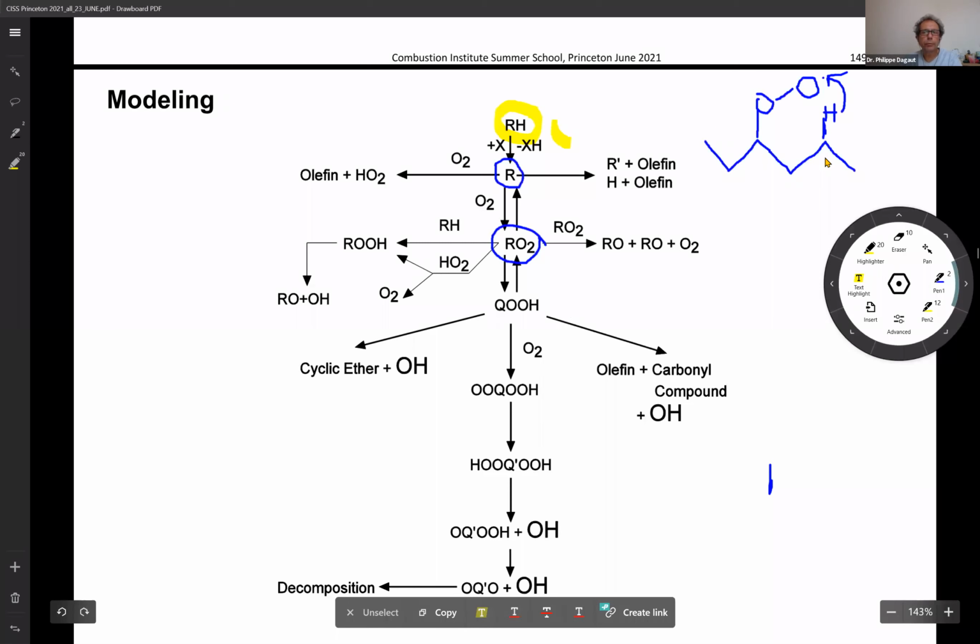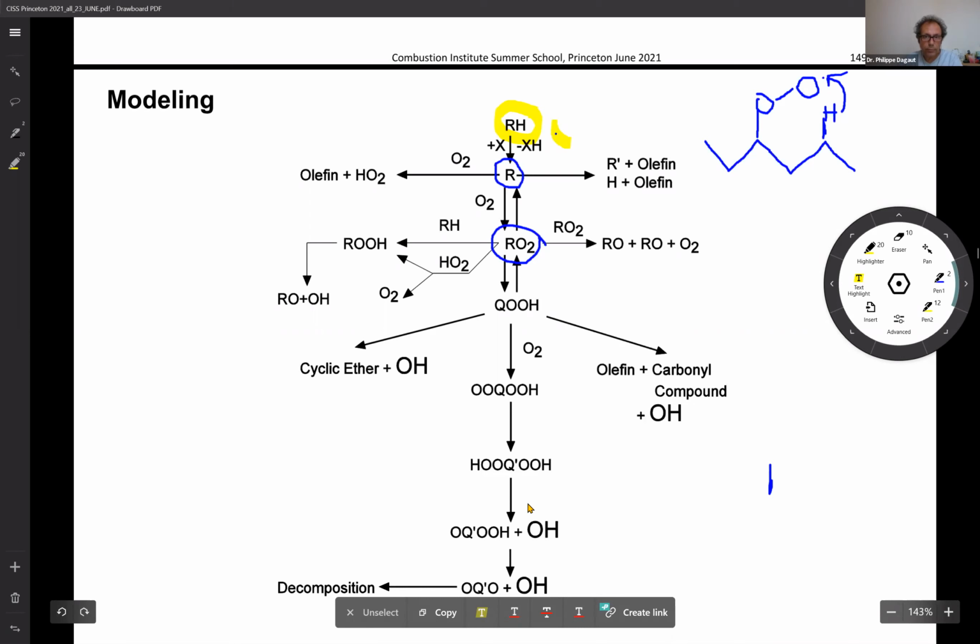And then on this carbon now, you can add oxygen again, and you get this species. You can have a second H-atom transfer and get this new species, which can decompose and produce OH radicals. And if you recall, we said that it's most likely with OH that the reaction proceeds.